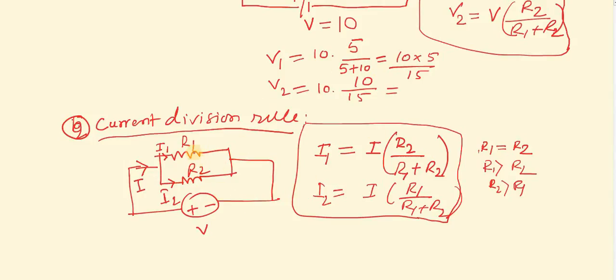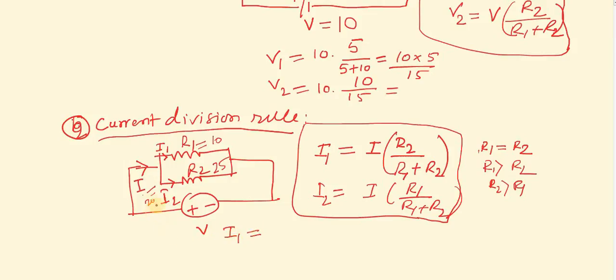Likewise, say this is our current I, 20 ampere, and the resistance values are, say, 10 and 25. So let's see the values of currents I1 and I2.